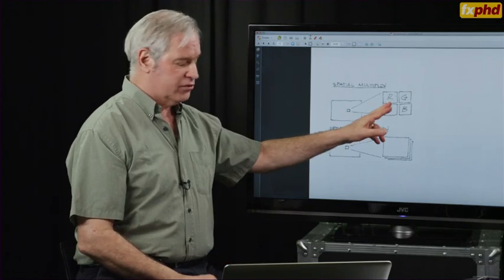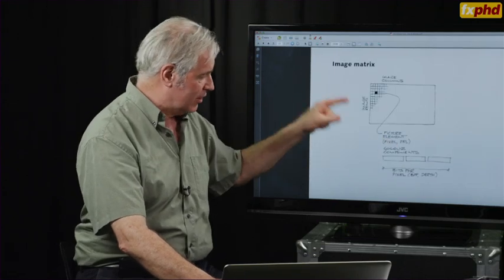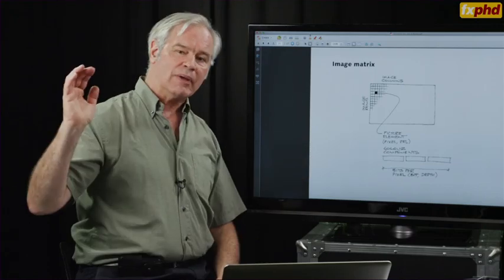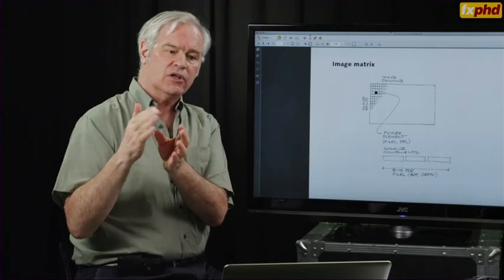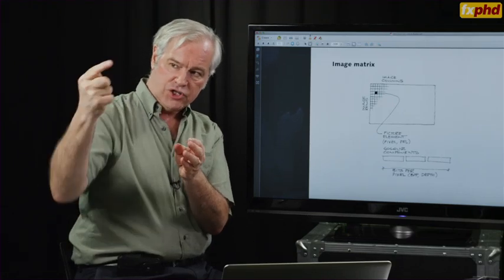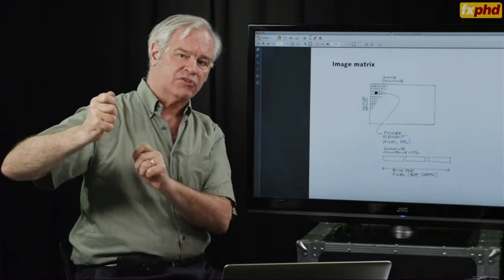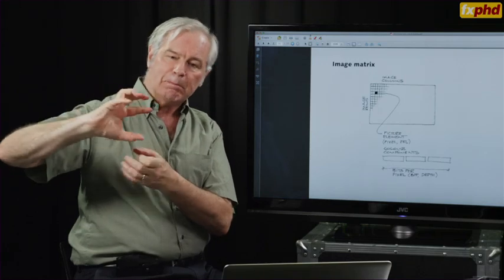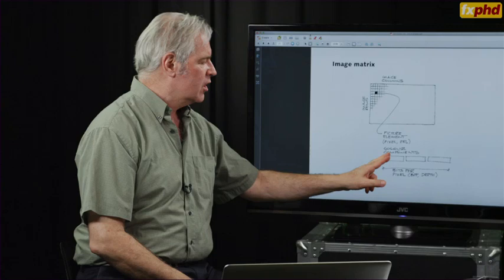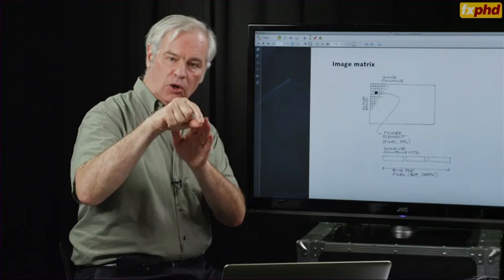Now, in order to take that information and turn it into this information, somehow you've got to have some signal processing or algorithm or software that takes that RGGB, which are located spatially at slightly different positions, and merge them together somehow into three color components that are now spatially coincident.